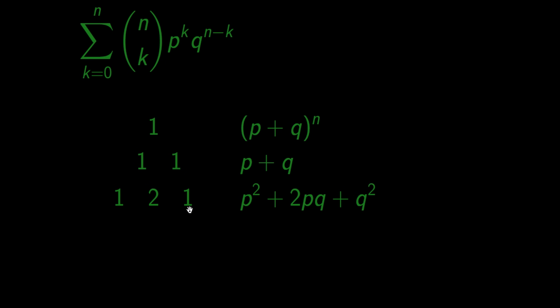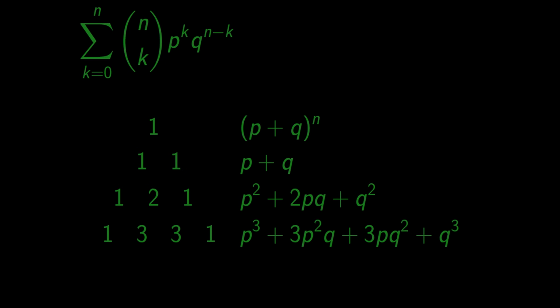To choose 2 is 1. There is only one way to choose all the elements. Let's check what happens if n equals 3. The coefficients are now corresponding to 3 choose 0, 3 choose 1, 3 choose 2, and 3 choose 3.